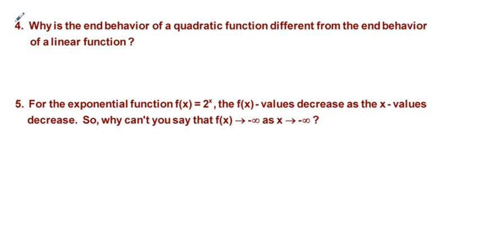Next, why is the end behavior of a quadratic function different from the end behavior of a linear function? Well, for a linear function, you're going to go something like this, right?